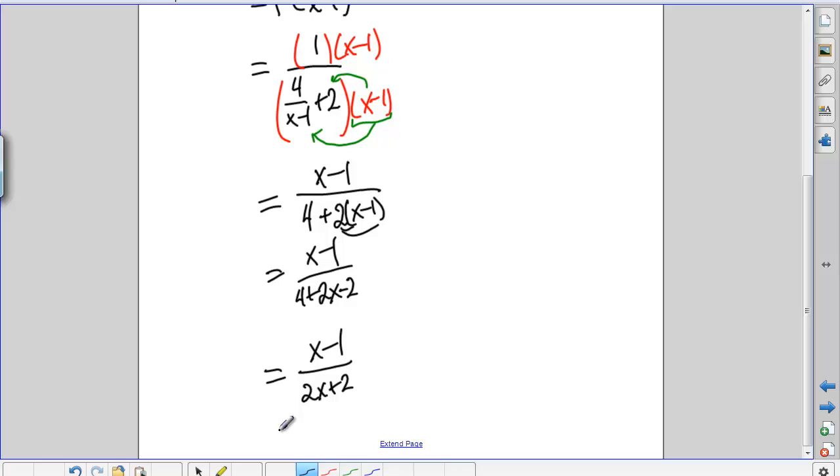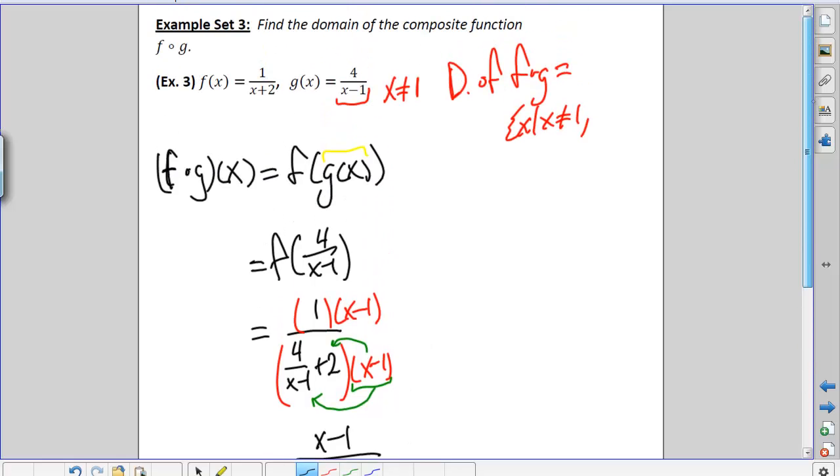Or we could also say that's 2 times x plus 1. Okay, we can factor that 2 out. And the reason I do that, you'll see in just a second. But that's f of g here. That's that composite function. So going back to the original question, what's the domain of the composite function f of g?